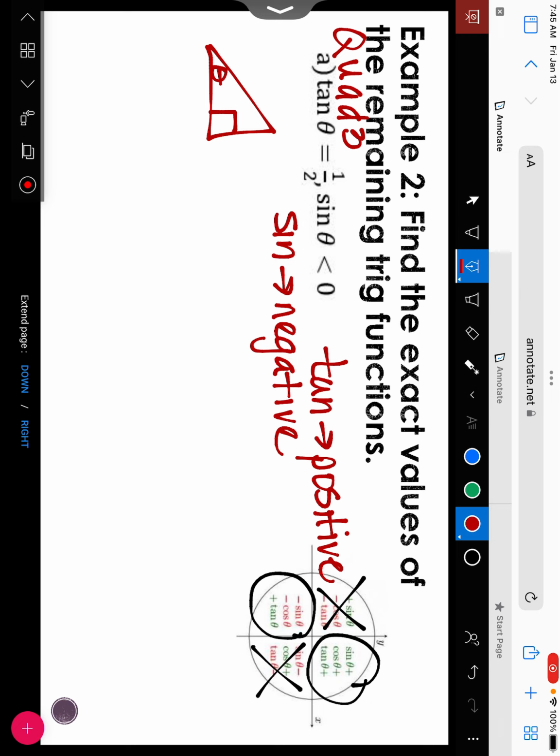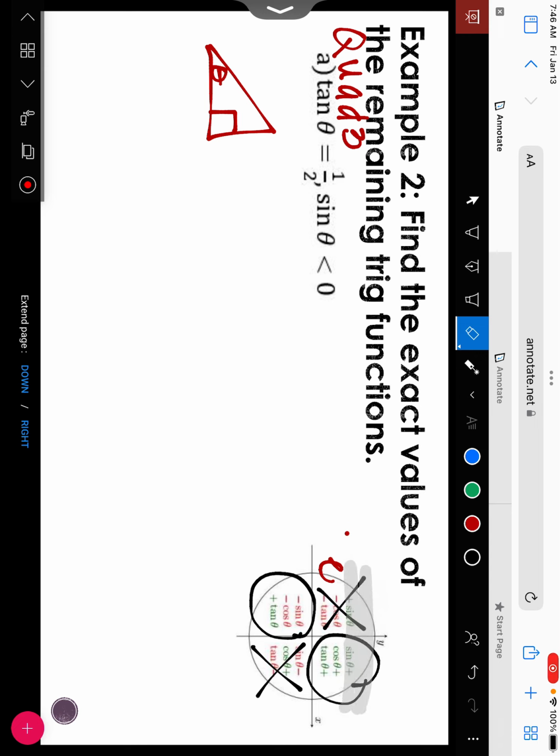So go ahead and draw your right triangle, because we need to do a little bit of Pythagorean theorem. And I'm putting theta.